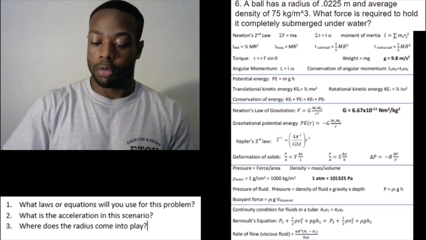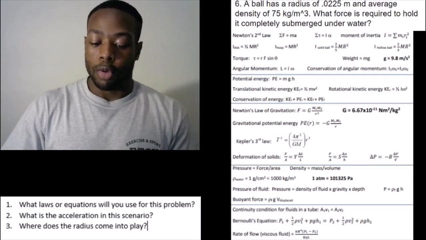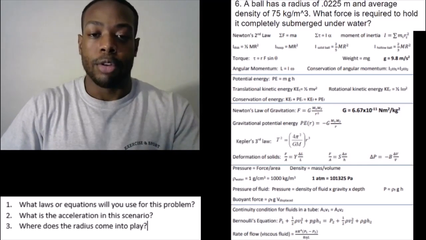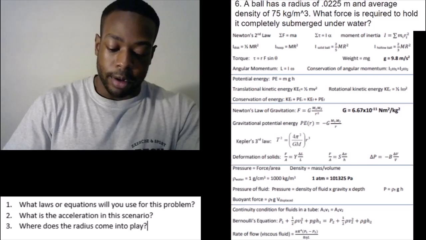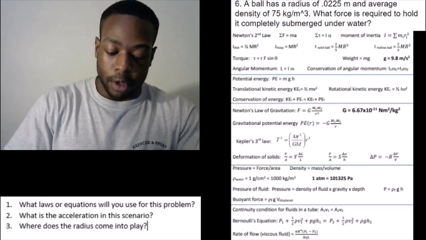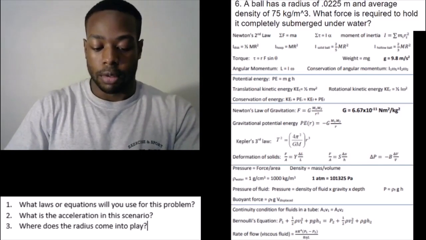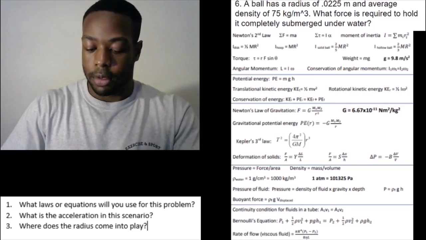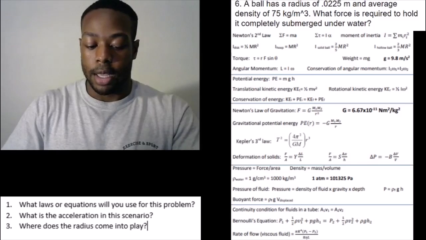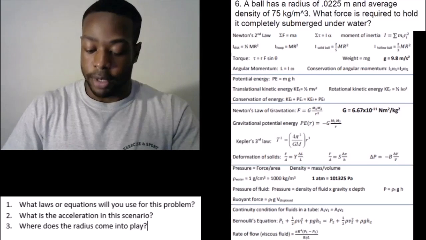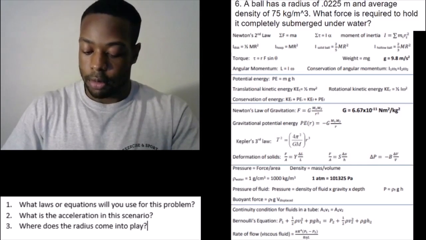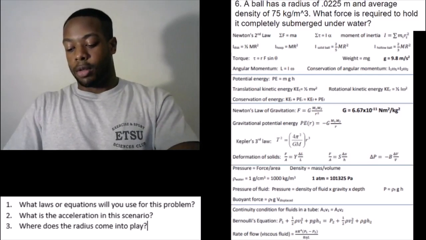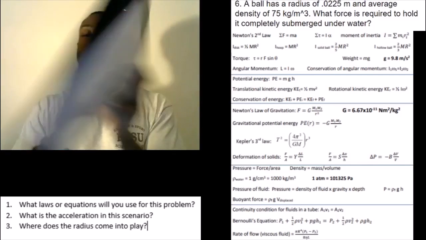So you're going to work it out to find the force, right? You're going to use your Newton's second law, and you're going to say that the force should equal the buoyant force minus the weight of the object. So this is what we have so far.